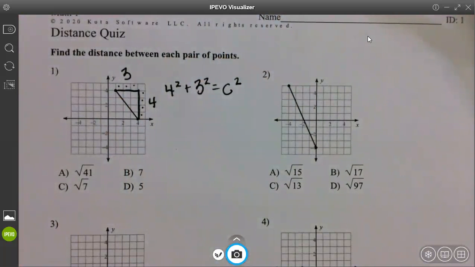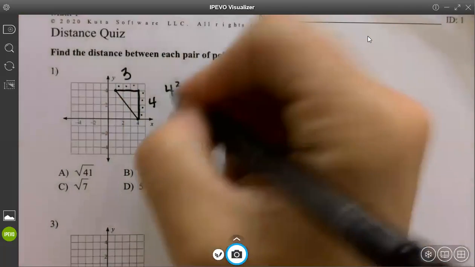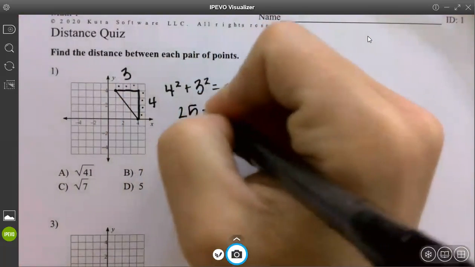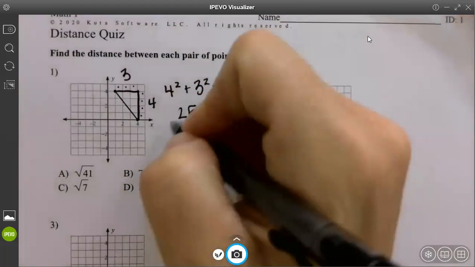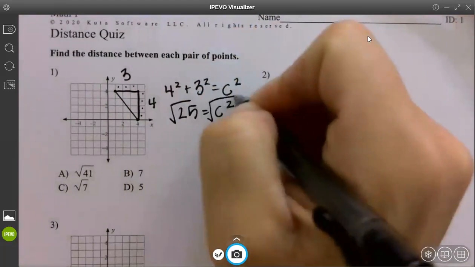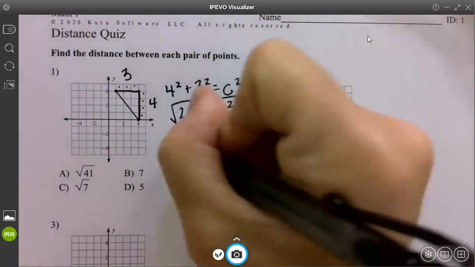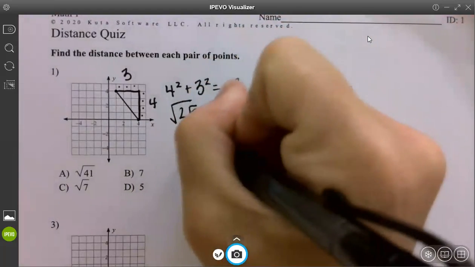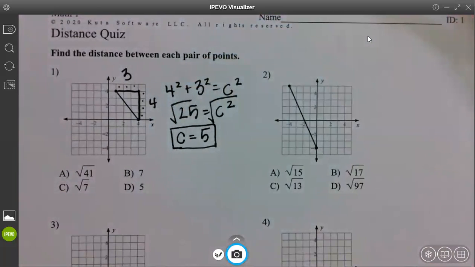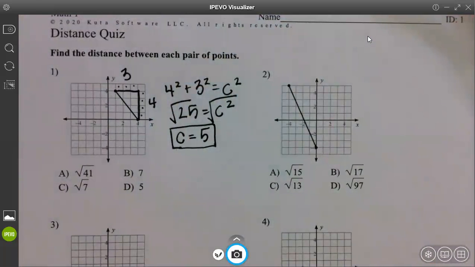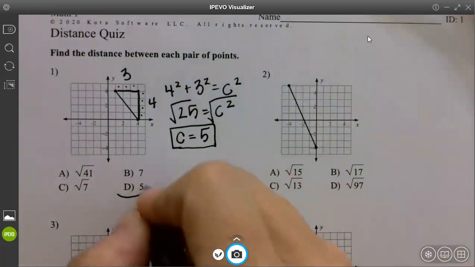Put it in your calculator. 4 squared plus 3 squared gives you, this was the worst one I could have done. And then take the square root. Square root of 25? 5. It's all right. All right. So now you know question 1 is Z.